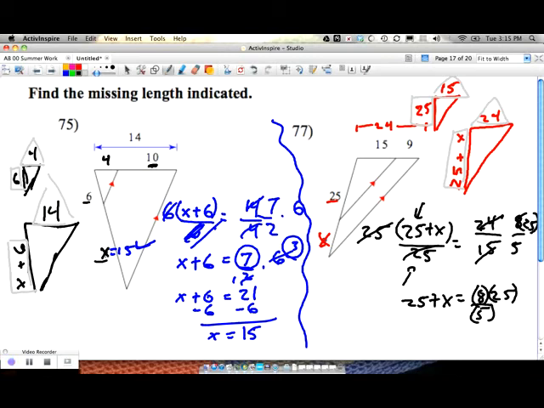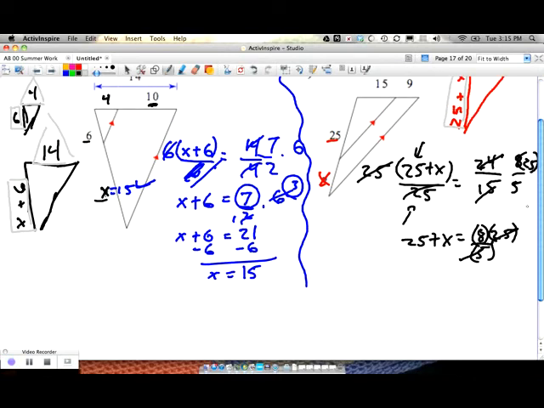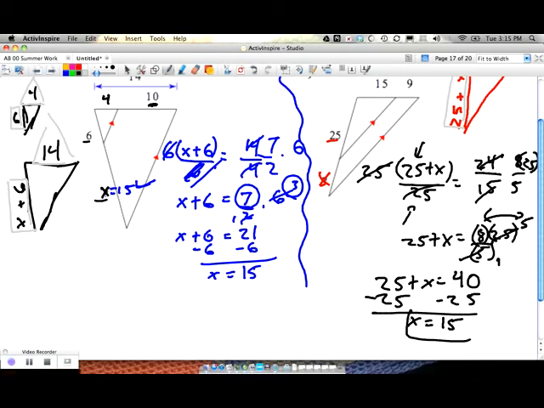We can reduce that denominator with the 25. So 5 and 25, those do reduce. That's going to become 5 on top, 1 on bottom. So I have 25 plus x equals 8 times 5 on top here, which is really 40. If I subtract 25 from both sides, that gives me x equals 15. Ding, ding, ding, 15.